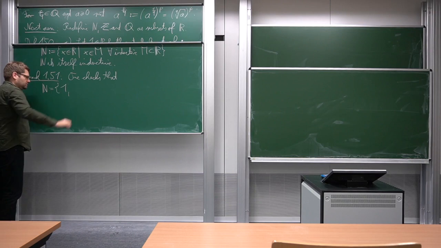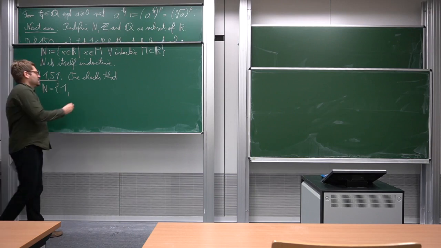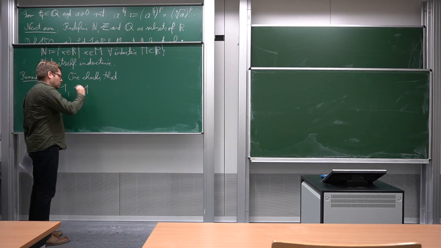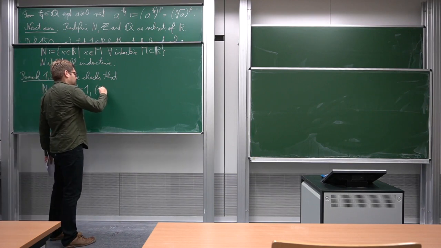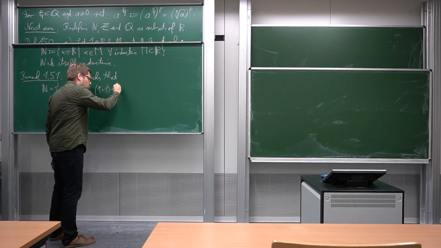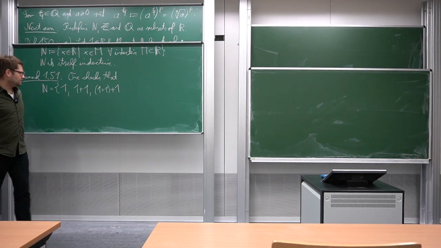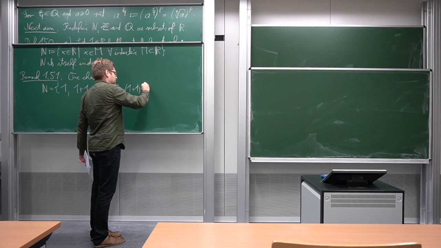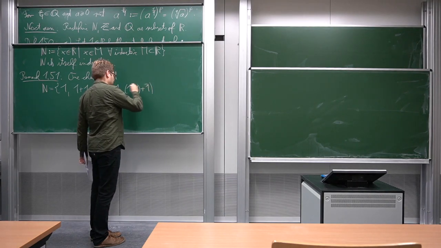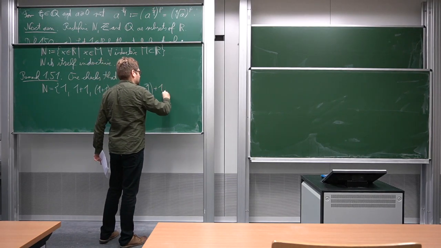We have the number 1, which is a neutral element here. Then we have the number 1 plus 1, which we call 2. Then we have the number 1 plus 1 from before and add 1 again. And we can do the same over and over again. So we always add 1 to the number which was previously in this set.